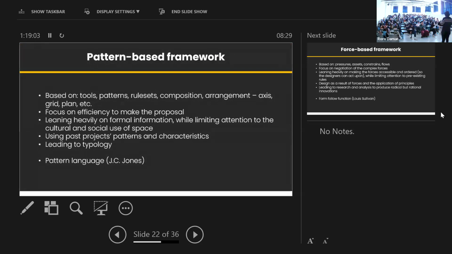Typology is not only functions, but also comes with rule sets, and that is the pattern-based framework. In general design it's called pattern-based; we call it typology-based in architecture. It focuses on efficiency to make the proposal, leaning heavily on formal information while limiting attention to the culture and social use of space, using past project patterns and characteristics leading to typology.